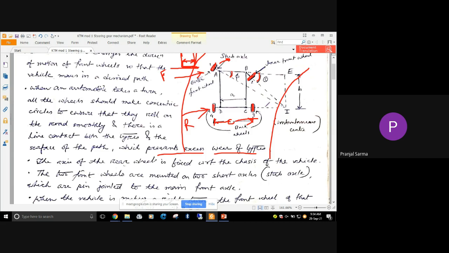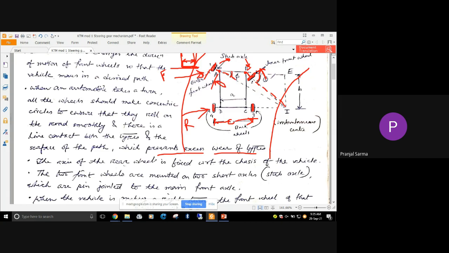The values will not be exactly the same. If we extend this line, from here and here, in this short axle, the wheels are mounted. So I'm saying that both the wheels should be able to turn by different angles.